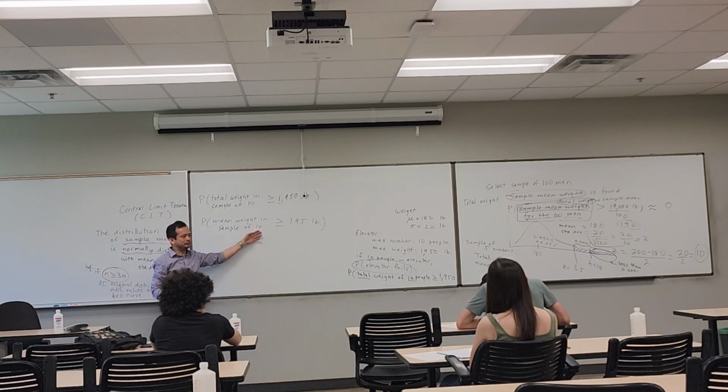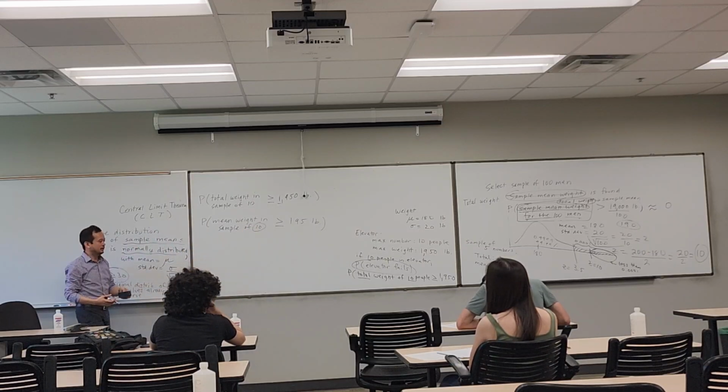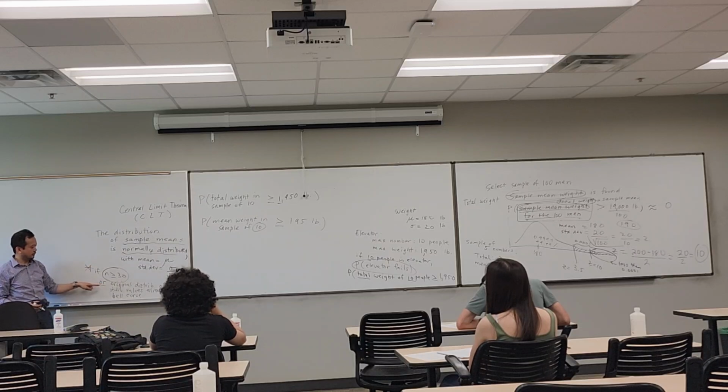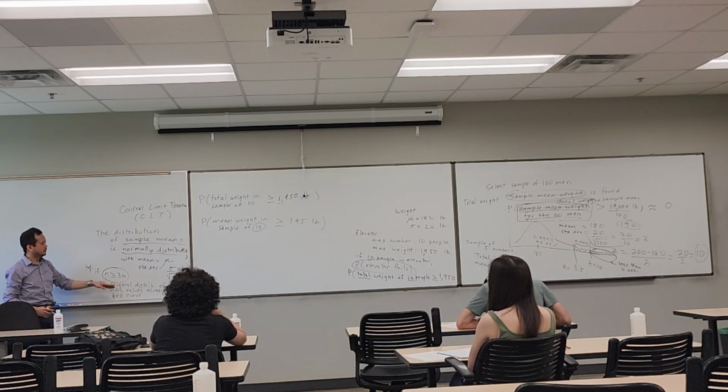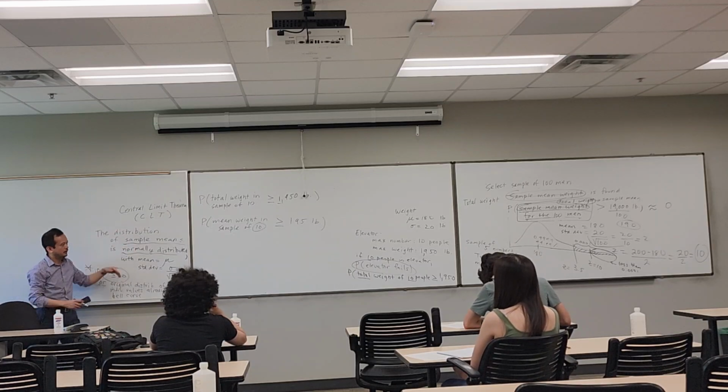But we only have 10 people, a sample of 10. Can we still use the central limit theorem? Yes, because of this or condition on the assumptions: the original distribution of weights is already normally distributed, so we can go ahead and use the central limit theorem.